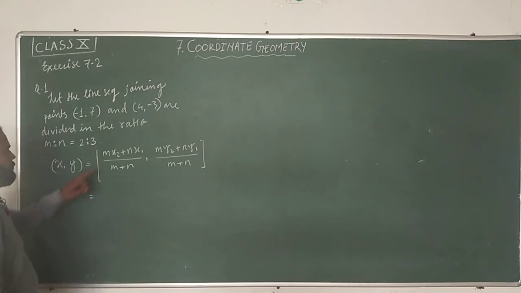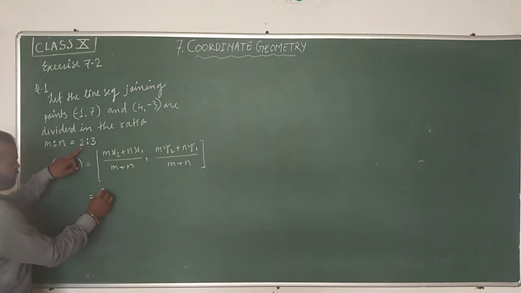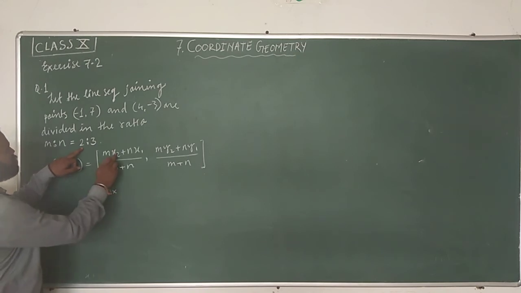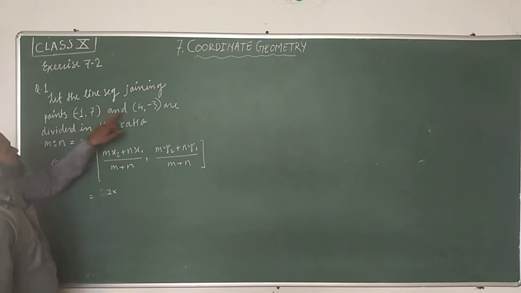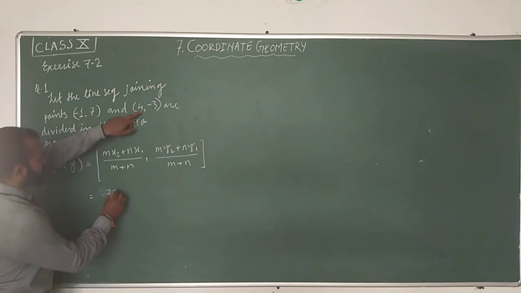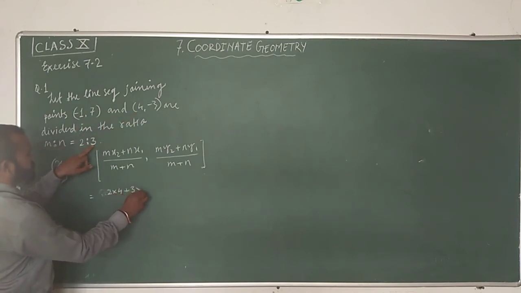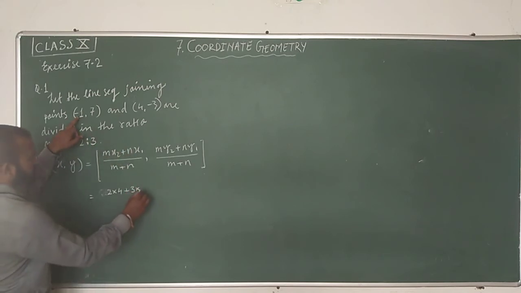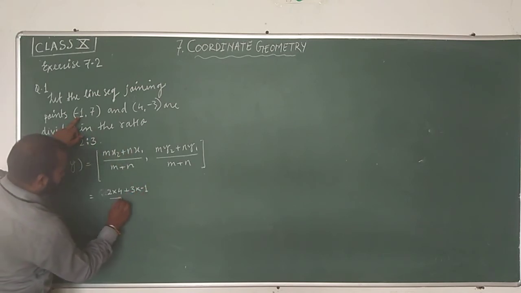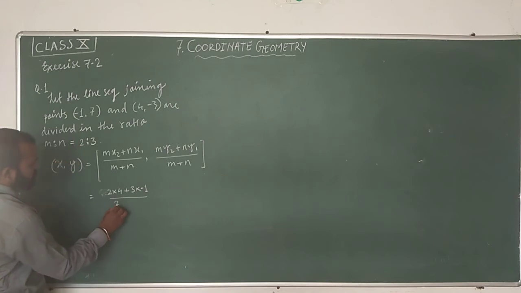Now see, m is 2 multiplied by x2, which is 4, plus n is 3 into x1, which is -1, upon m plus n, that is 2 plus 3.